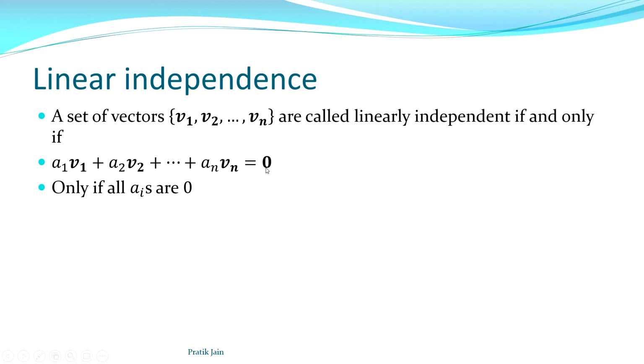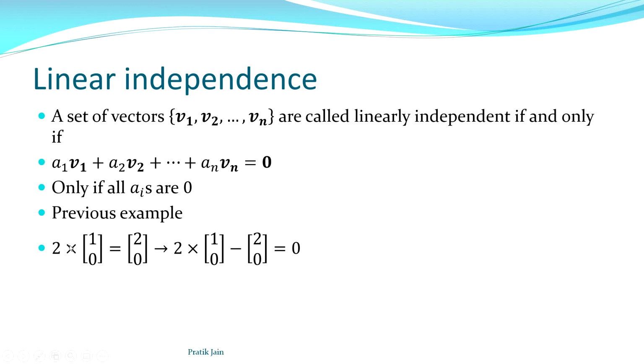So this thing should be 0 only if all the a_i's are zeros. Only if all the a_i's are 0. Okay, let us see the previous example. So this was my previous example. So 2 into one of the vectors was equal to the other vector, right? So you can see this can actually represent the other vector.